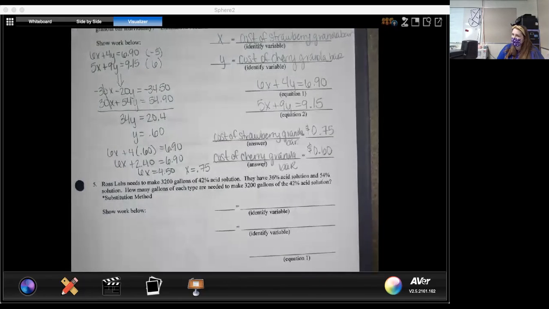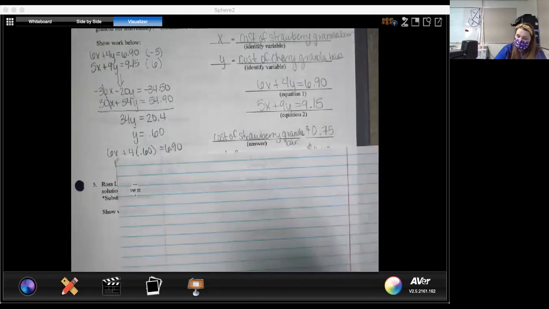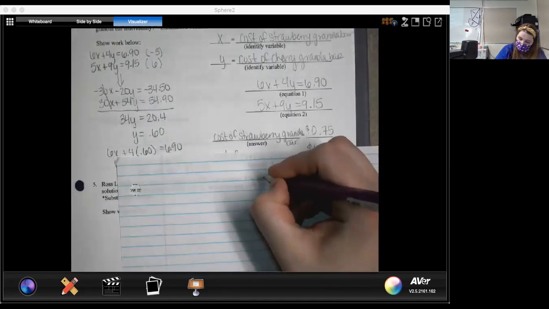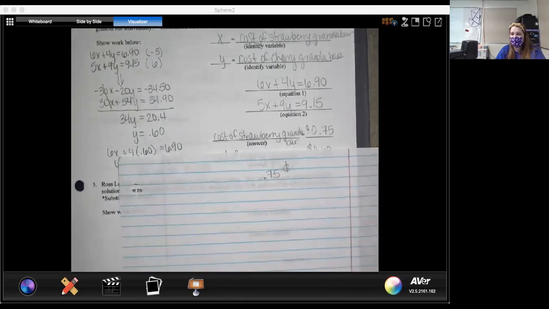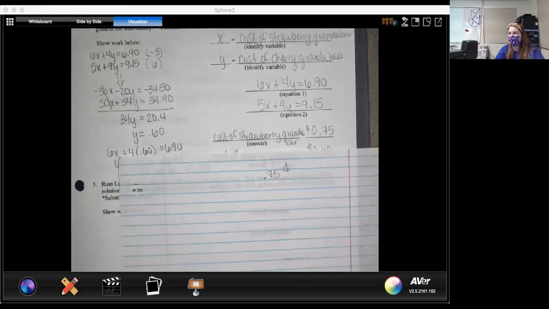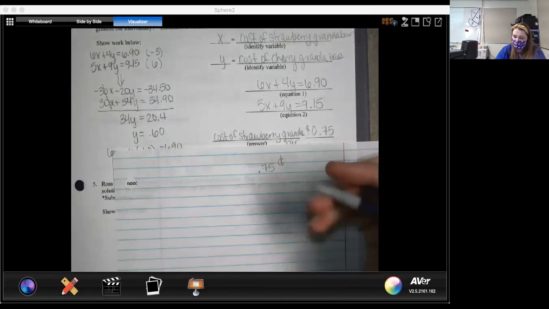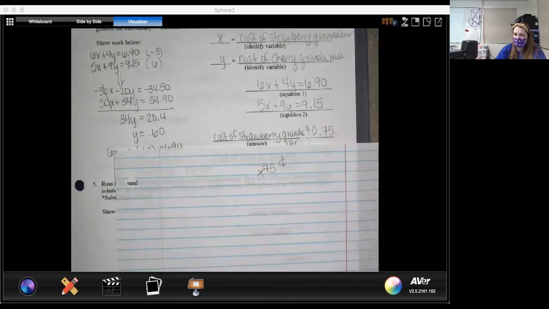We would say 0.60 in reference to 60 cents. When it's cents, you can also put the cent mark. However, I would caution you: you can't put 0.75 cent, because that means 0.75 of 1 cent. If you're doing cents, you wouldn't put the decimal. You would just say 75 cents.